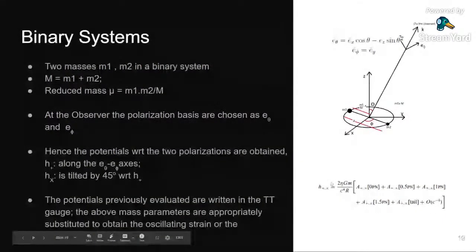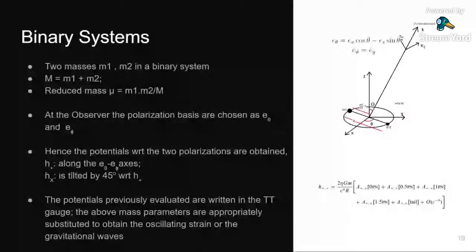h cross or plus polarization can be written as a zeroth order term plus higher order post-Newtonian terms. You see the tail over here? This tail term explains the whole history of the event, starting from time equal to zero.